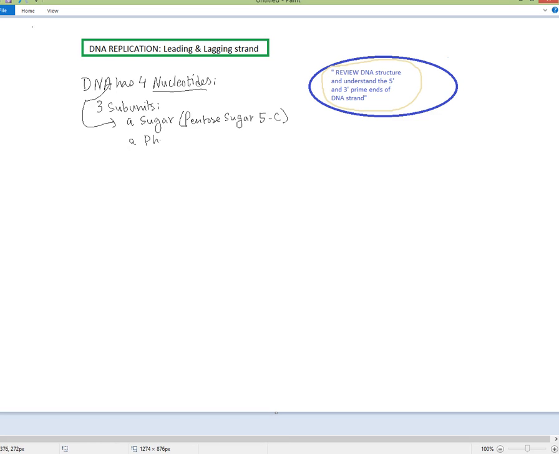A phosphate group, and one of the 4 nitrogenous bases.